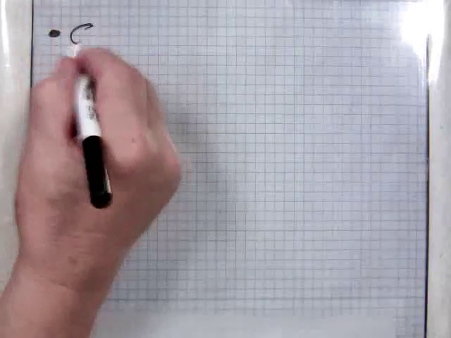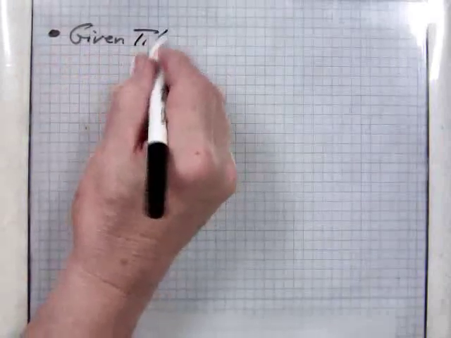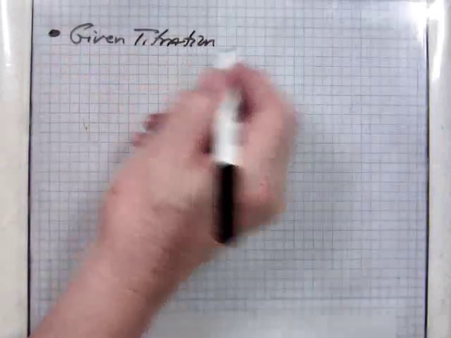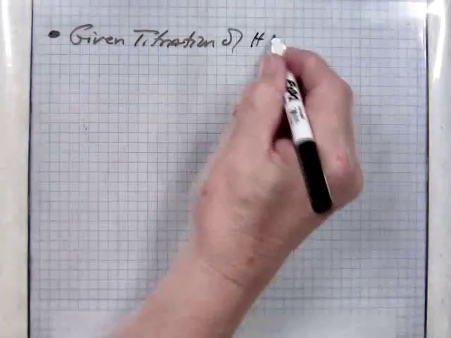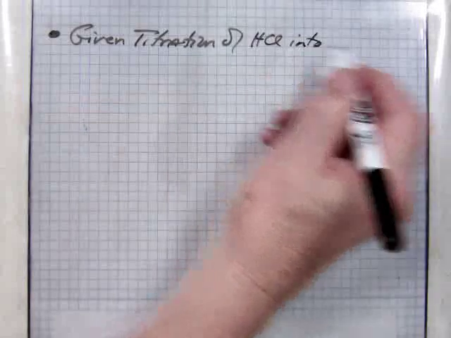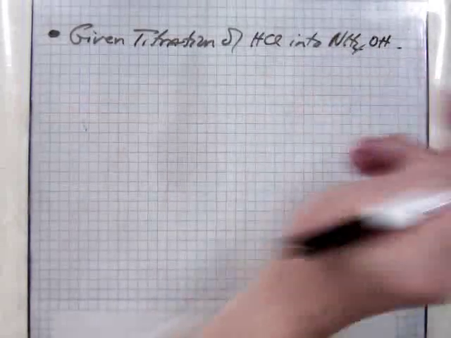So you're given a titration of HCl into NH4OH. All right.